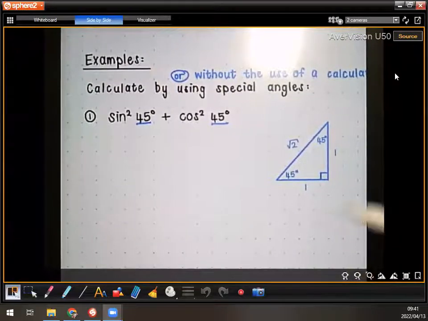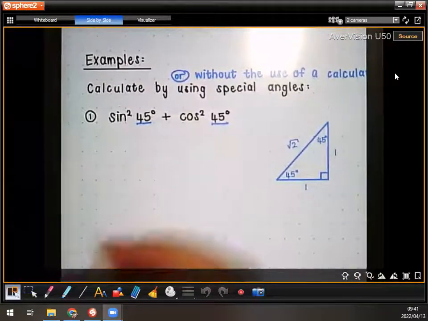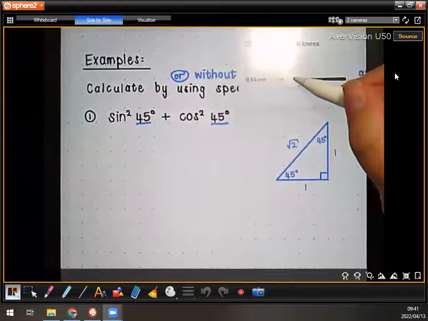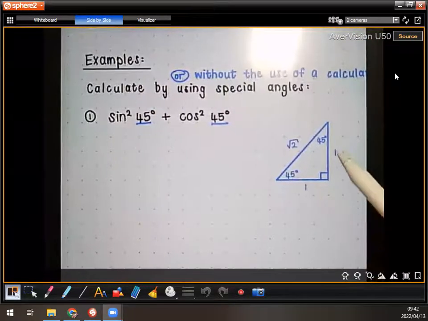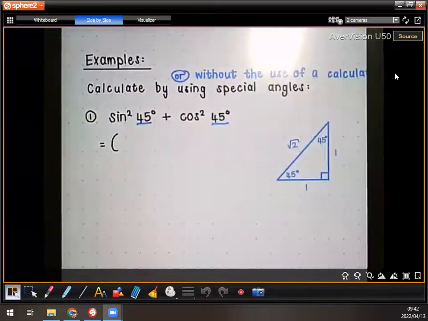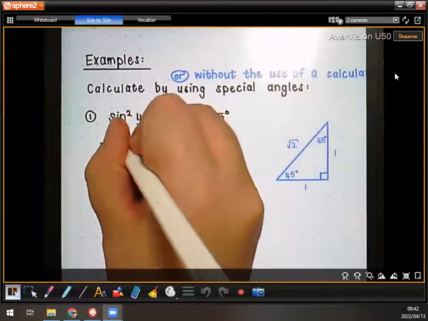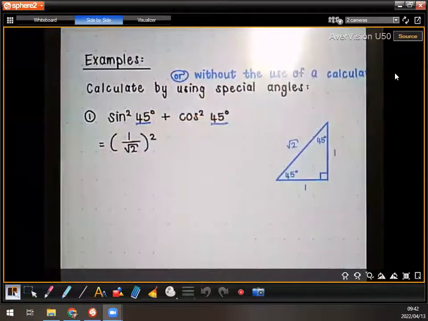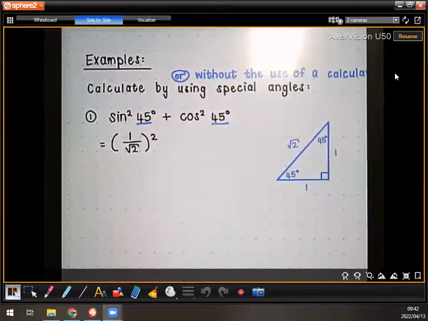Now, guys, you're going to use this triangle to solve this question. So sine of 45, you're going to look at your triangle and do opposite over hypotenuse. And because it's saying sine squared, we need to square that. So sine 45 is 1 over root 2, squared. And guys, this is what I was talking about earlier.